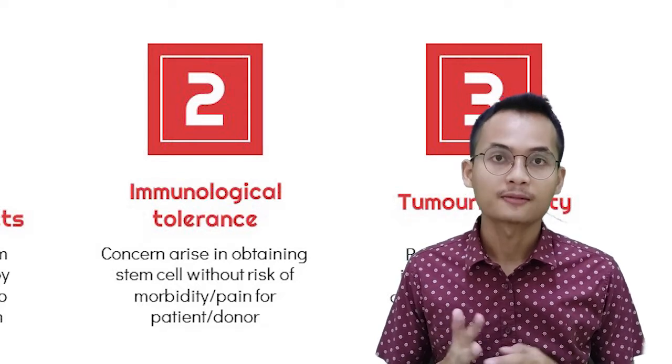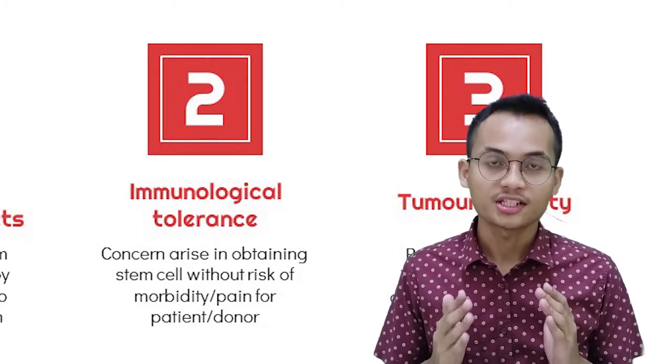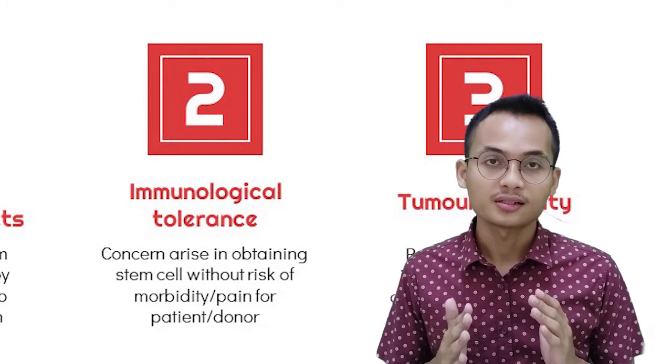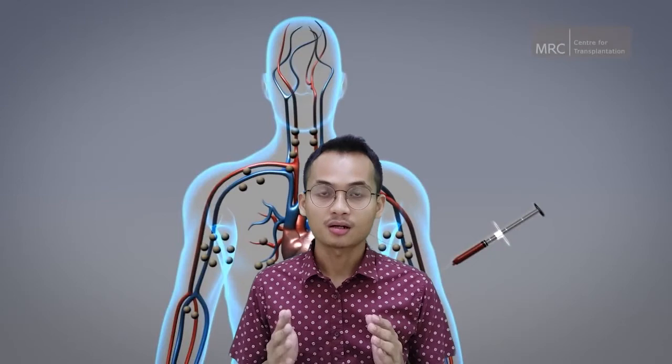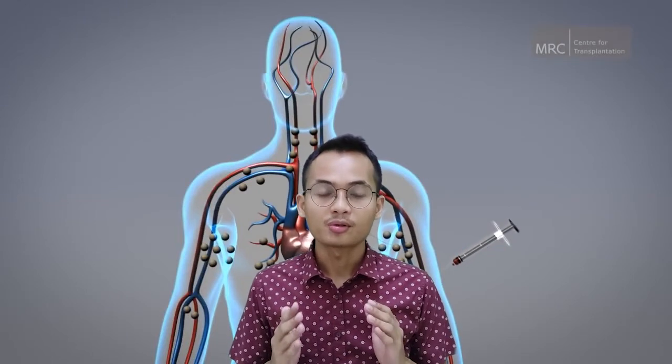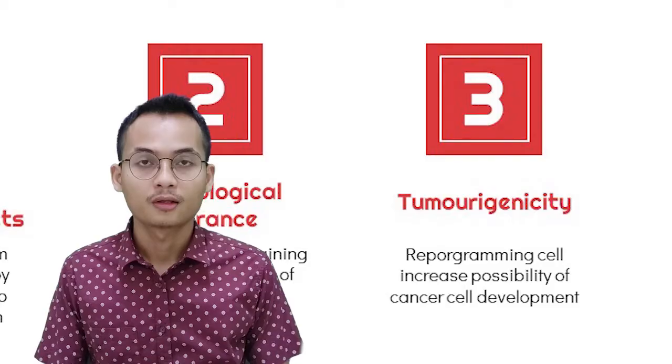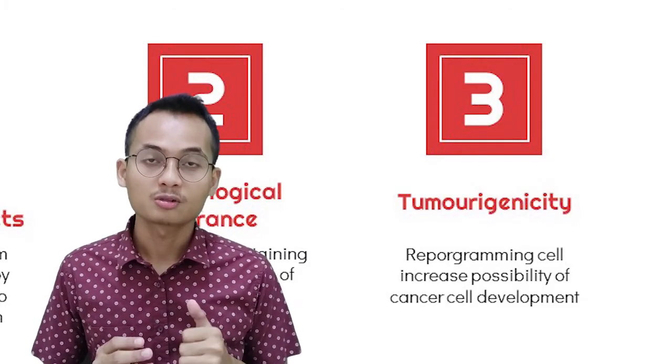In stem cells, immune rejection is the main concern arising among stem cell research. This is because the immune rejection could possibly affect the donor or the patient in the process of transplantation. The third one is tumorigenicity.